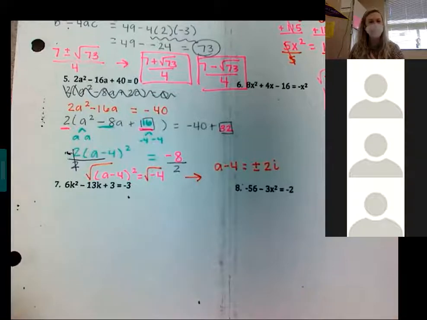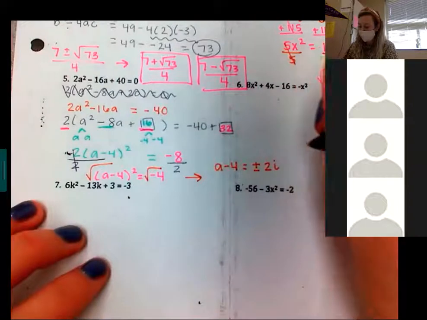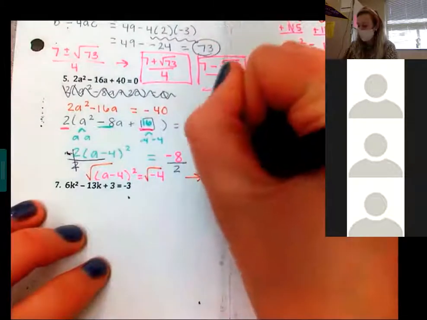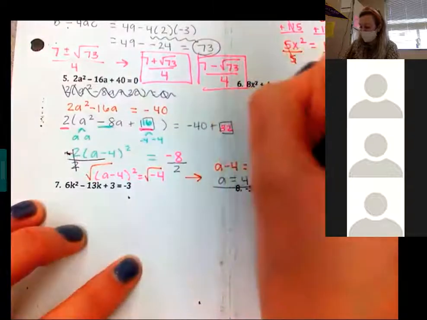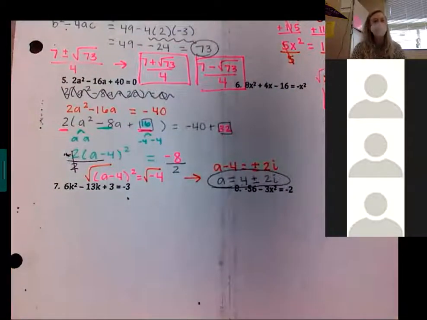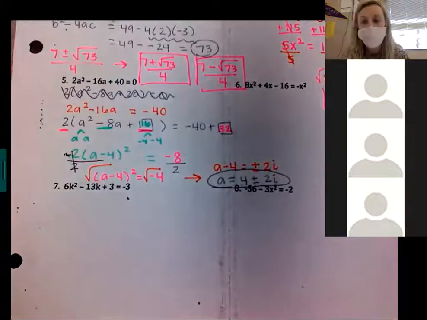Now, Carter, where should you probably write the 4? Yes, before the plus or minus, just so y'all don't get confused on the test with like what should go where. I would put it in front. And you are going to leave it like that. And I'm going to make sure my kids at home understand this because some of y'all, I think, missed this part maybe.